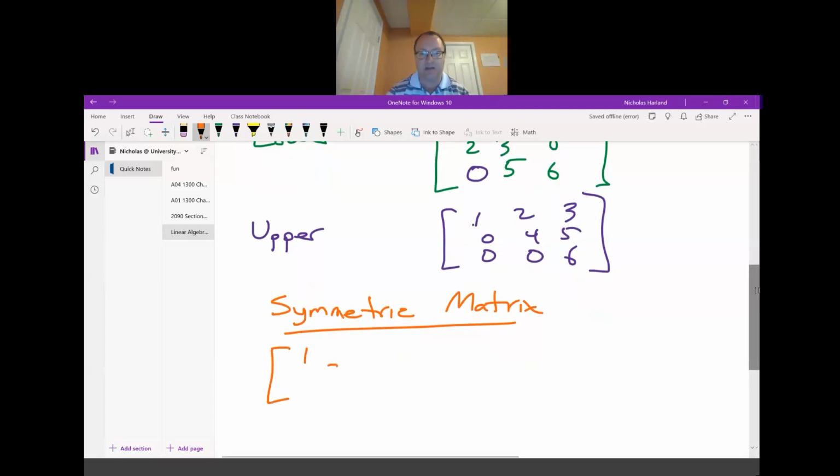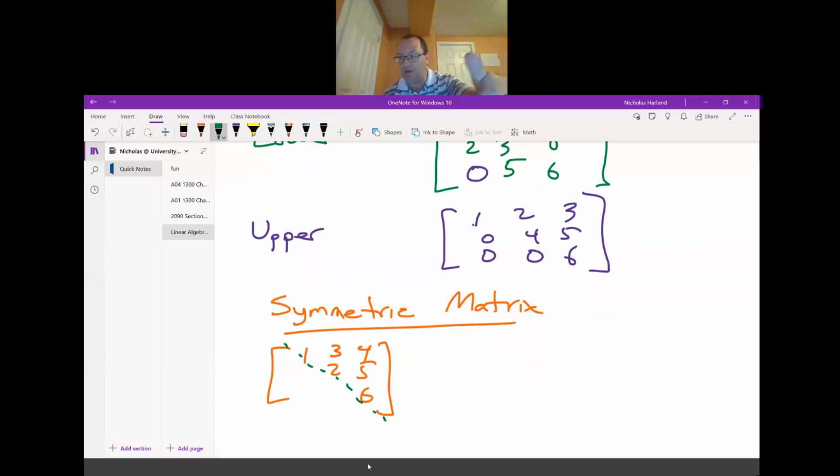So let's say we had a matrix right here. The idea is, if we think of the main diagonal as being a mirror, then what gets shown on the upper triangle, so to speak, gets mirrored down to the lower triangle.